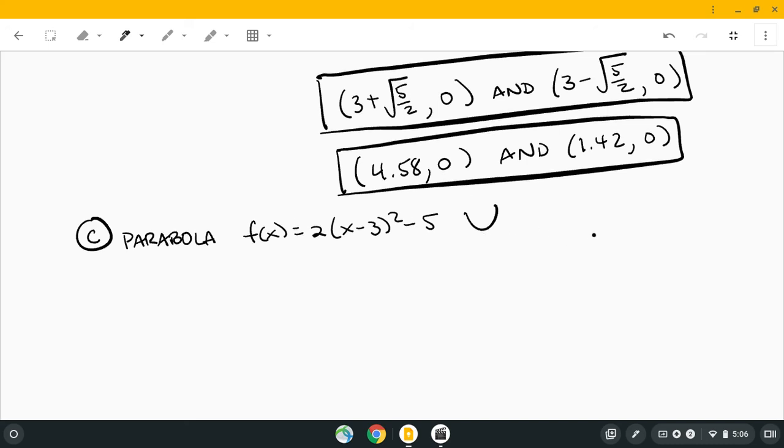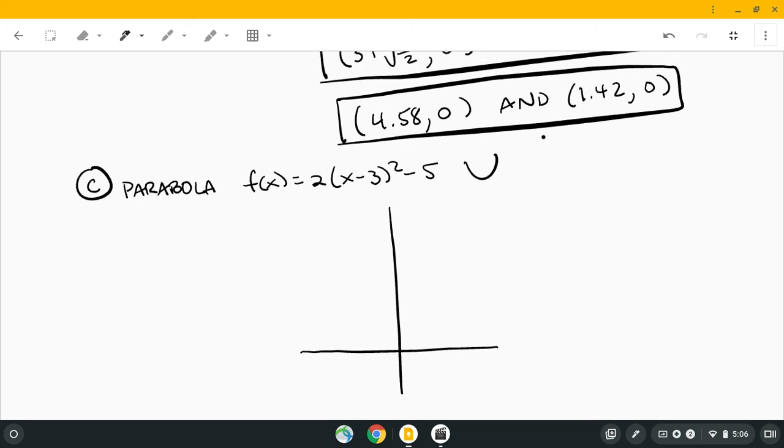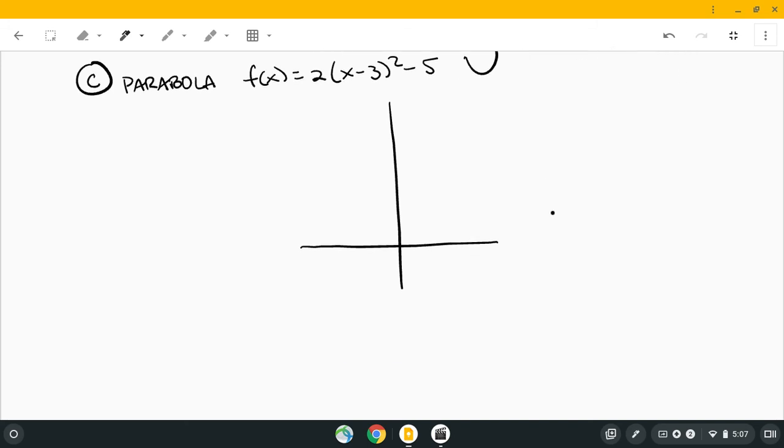Okay, let's go ahead and plot. Vertex is at (3, negative 5). I'm going to need some room down here. All right, so 1, 2, 3, negative 5. So here's my vertex.